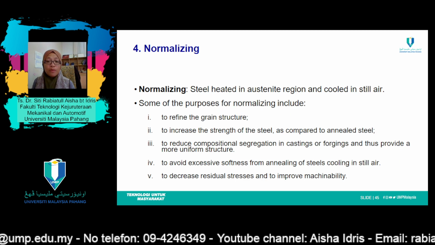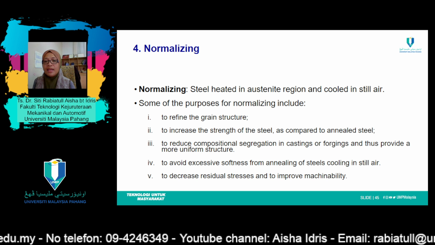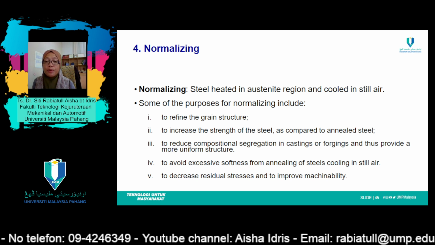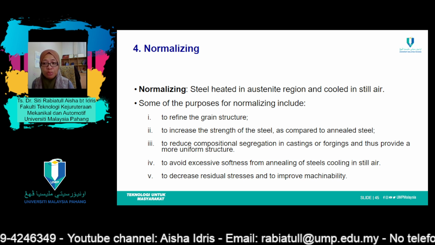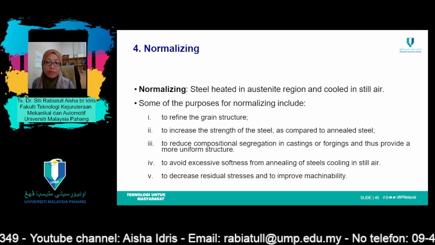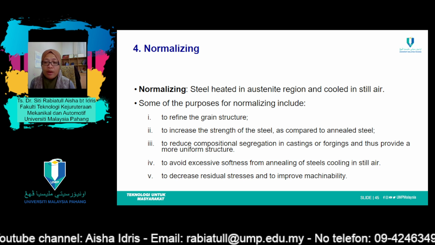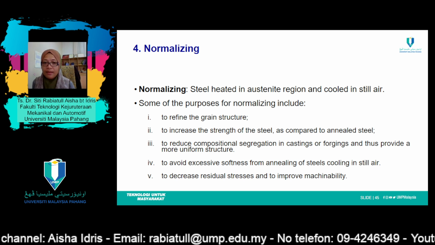Number 4 is normalizing. Normalizing refers to the process whereby the steel is heated in the austenite region and cooled in still air or normal air, not blowing air or using a fan. No, it's still air.